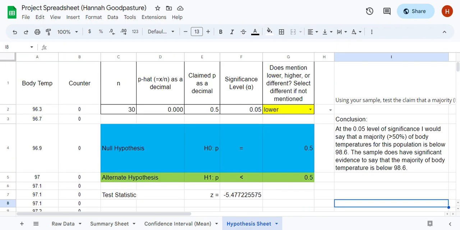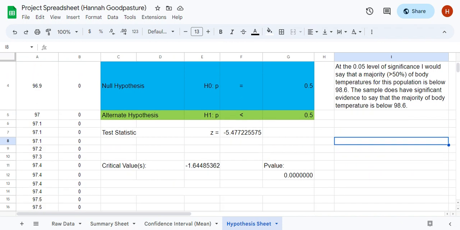My N, or my sample size, is 30. My P is 0, because 0 divided by 30 is just nothing. And then my claim P as a decimal is 0.5. My significance level is 0.05, and it does mention lower.